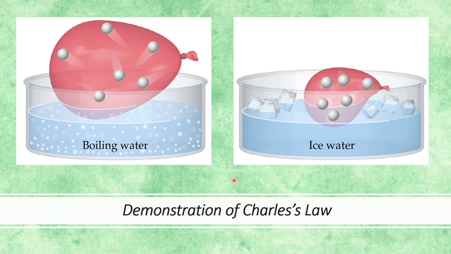Mababalik pa ba ang mga balloon na ito sa original size? Yes. Kapag tinanggal mo ang inflated balloon sa boiling water, ganun din ang inflated balloon sa ice water, babalik siya sa kanyang normal size at room temperature. And that proves the Charles' Law.